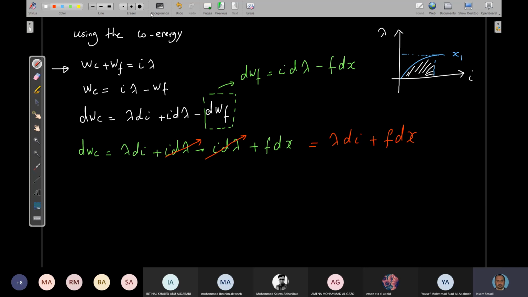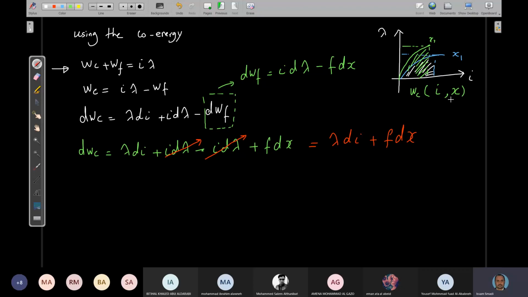If the position is changing, let's assume to this point, x2, then now I'm having another curve. Then simply this means that the Coenergy is also a function of what? Omega C is a function of what? Of the current and x, correct?